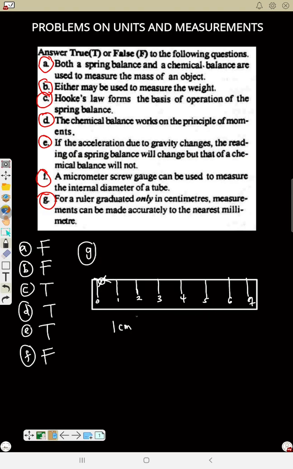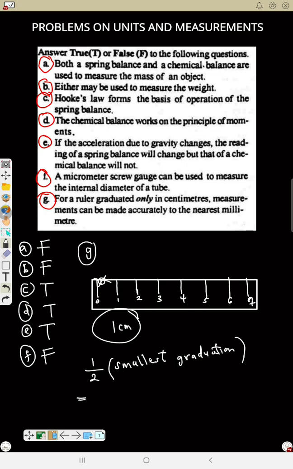So now this ruler can only measure based on what they described, that for a ruler graduated only in centimeters, measurements can be made accurately to the nearest millimeter. But here the reading accuracy of this ruler can be 1 centimeter, and this can measure up to half of the smallest graduation. If you watch the first video on measurements, the reading accuracy of a meter rule is half the smallest graduation.